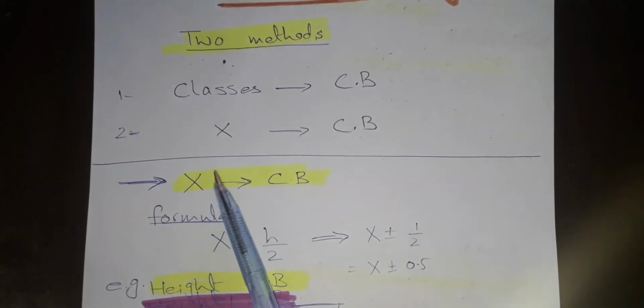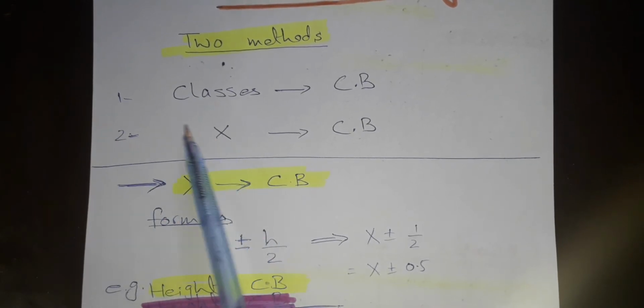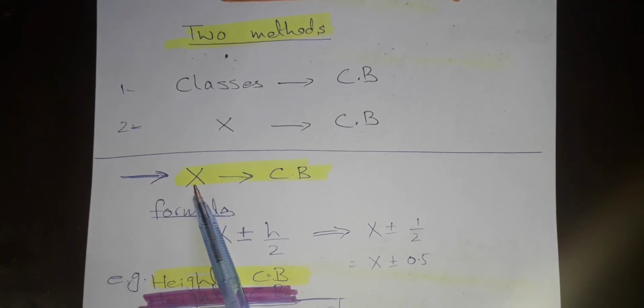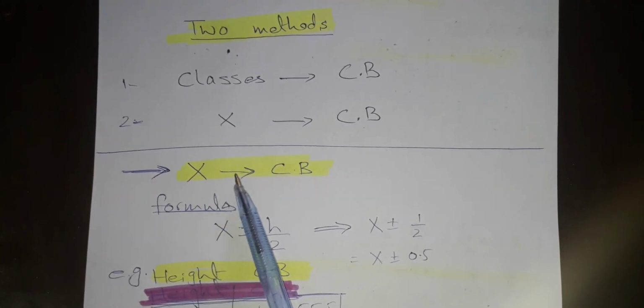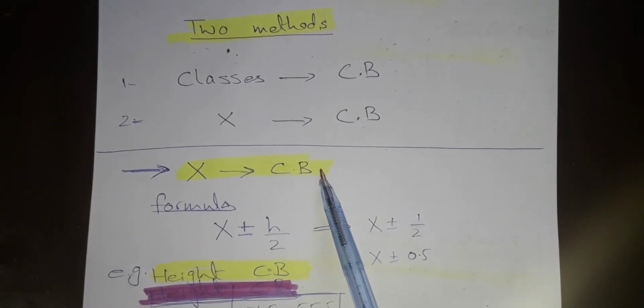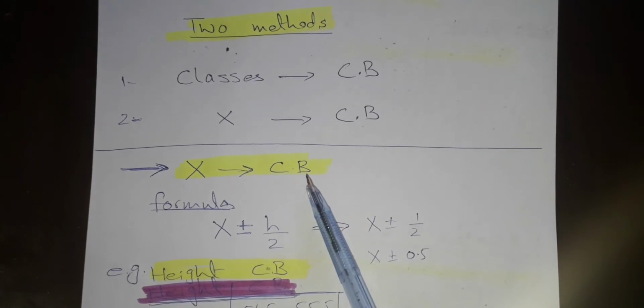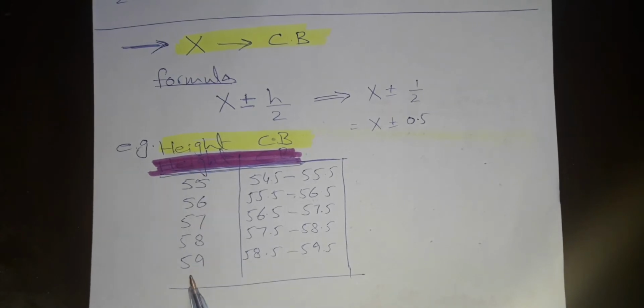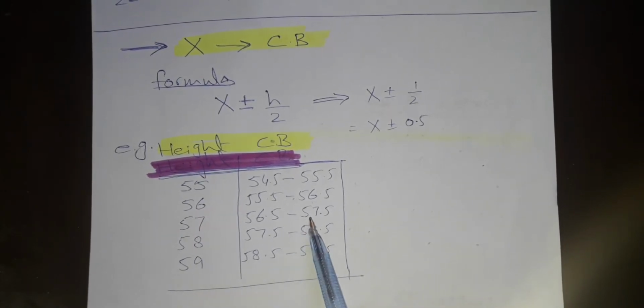So I will teach the second method first. This is the easiest method. How we can move from the x column, which is the height column, to the class boundary column.